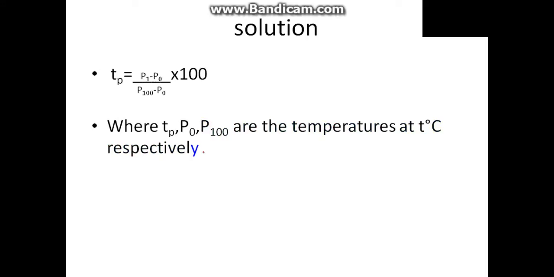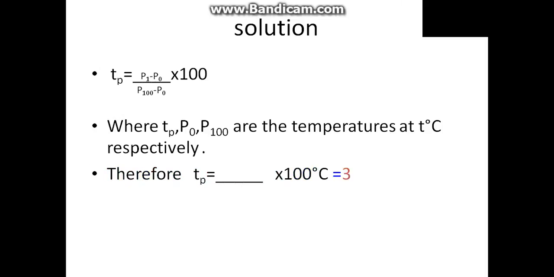Solution. Tp is equal to Pt minus P0 all over P100 minus P0 times 100, where T, P0, P100 are pressures at the temperatures in degrees centigrade respectively.